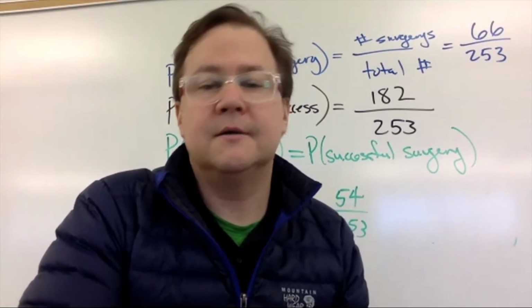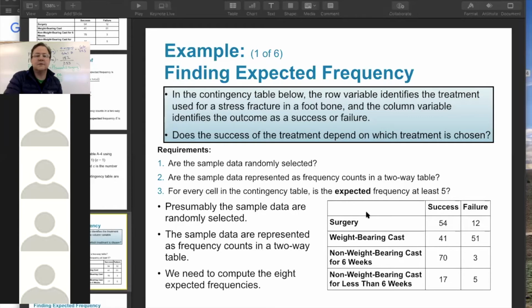And let's see here, we come back to here. So as it is, presumably the data are randomly selected. The sample data is represented in a two-way table. That was the second condition. The third condition is the one you need to pay attention to. You might come across this in the homework tonight.